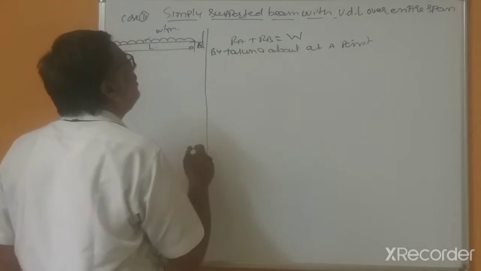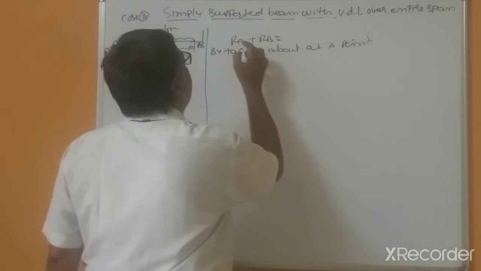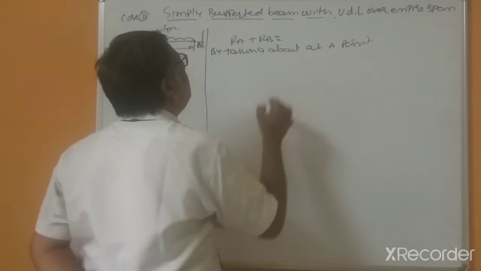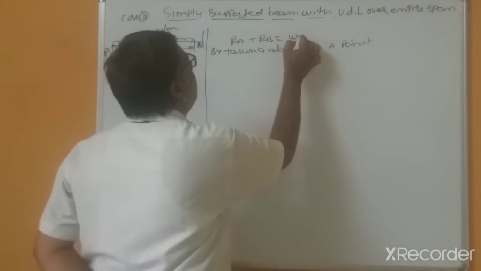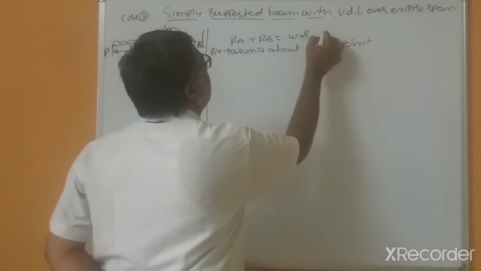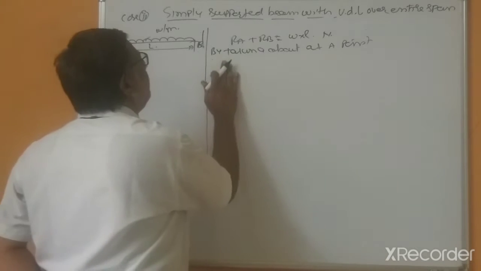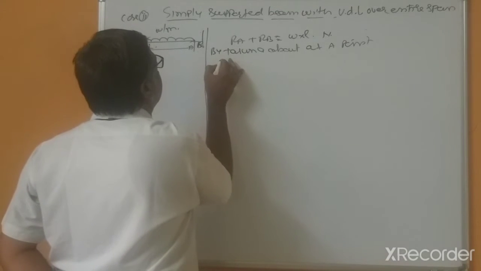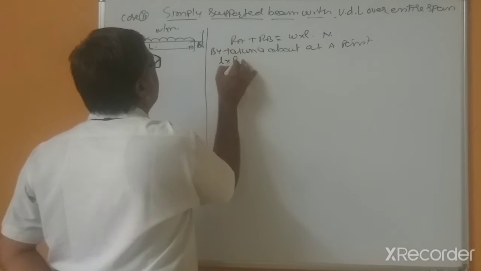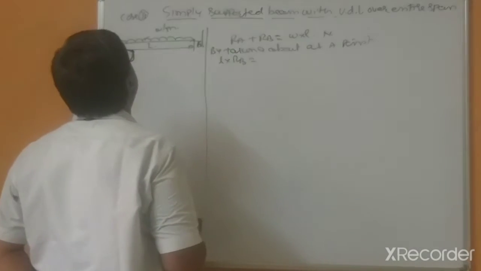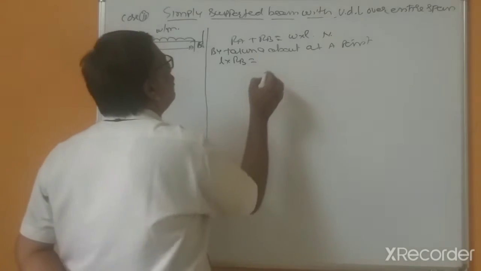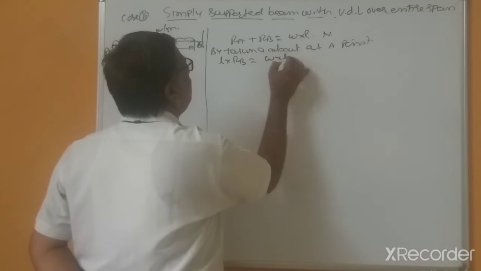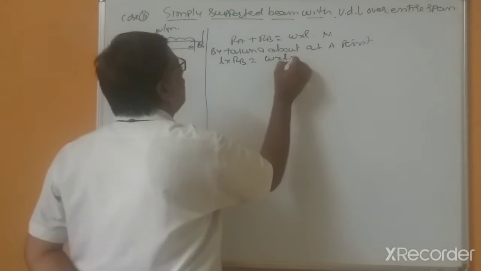So this small w, RA plus RB equals w into L, in newtons. By taking moment about point A, L into RB equals w into L and half of its distance.